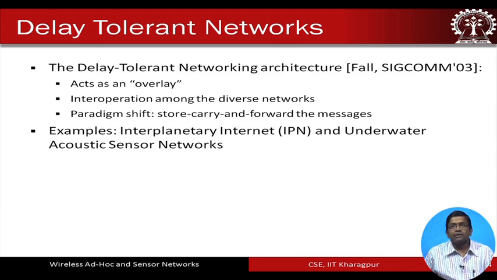So, in these networks, the way it is done in the internet, that when a particular node gets a message, it buffers it for some time and then forwards it. So, that kind of paradigm of message forwarding is not suitable. In these networks, what might happen, a node might be in contact with a particular node at a certain instant of time, then it loses contact and it does not get any connectivity at all with any other suitable node for forwarding the message.